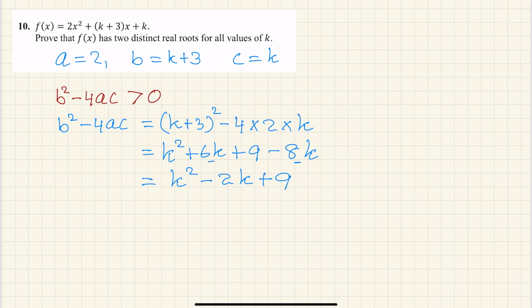Right. Now, mathematically we need to prove that this expression is positive. Remember, we call these always positive expressions.